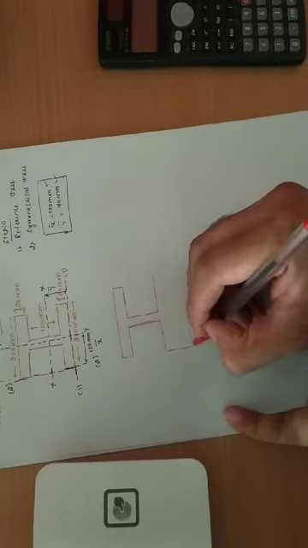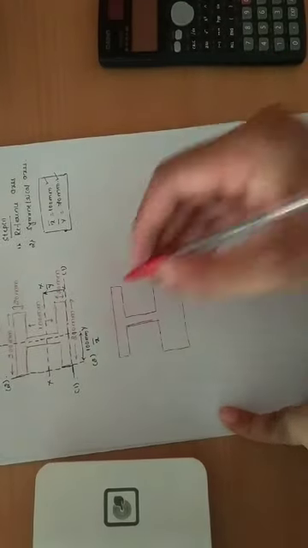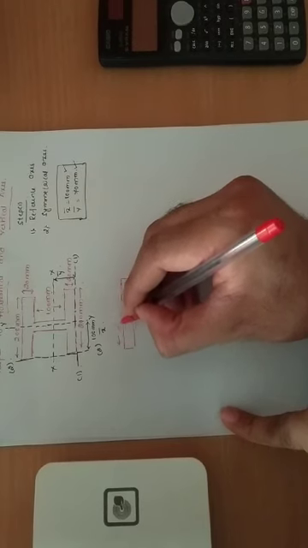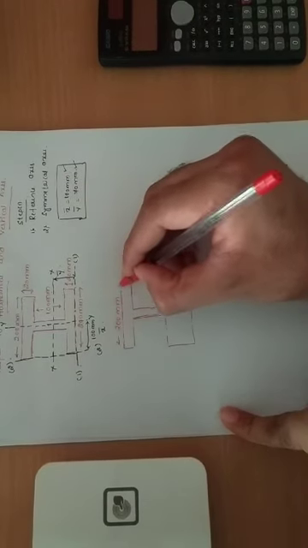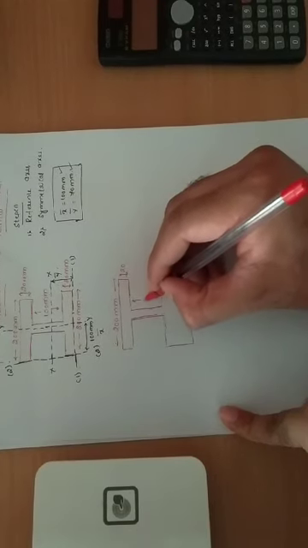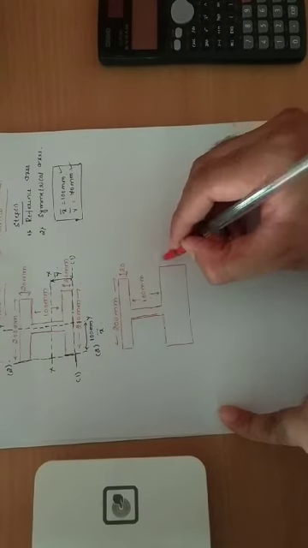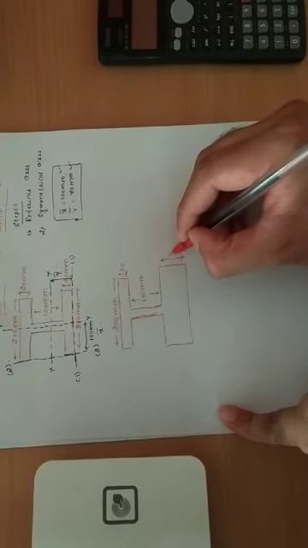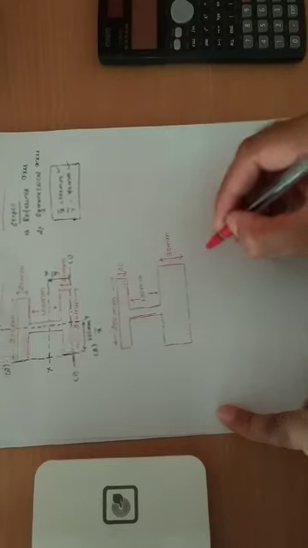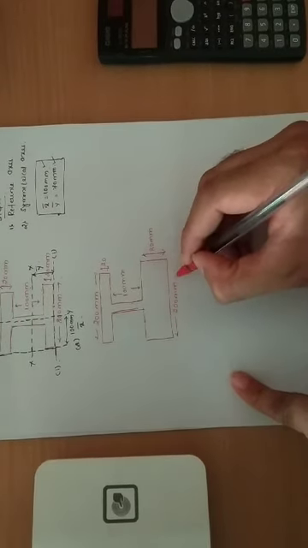So here, right? So this will be 200 millimeter, and this one will be 20. This one will be 100 millimeter, and similarly let us say this will be 30 millimeter, and again this one will be 200 millimeter.